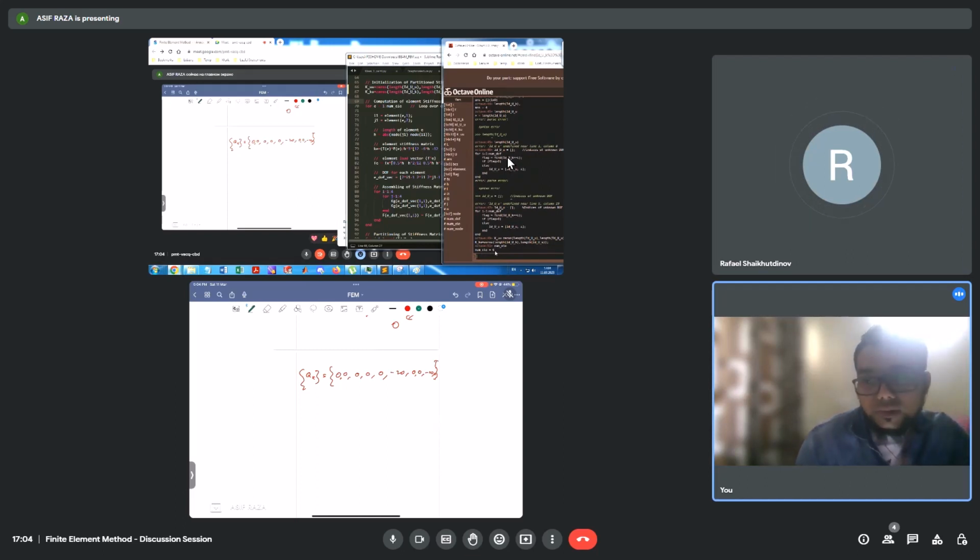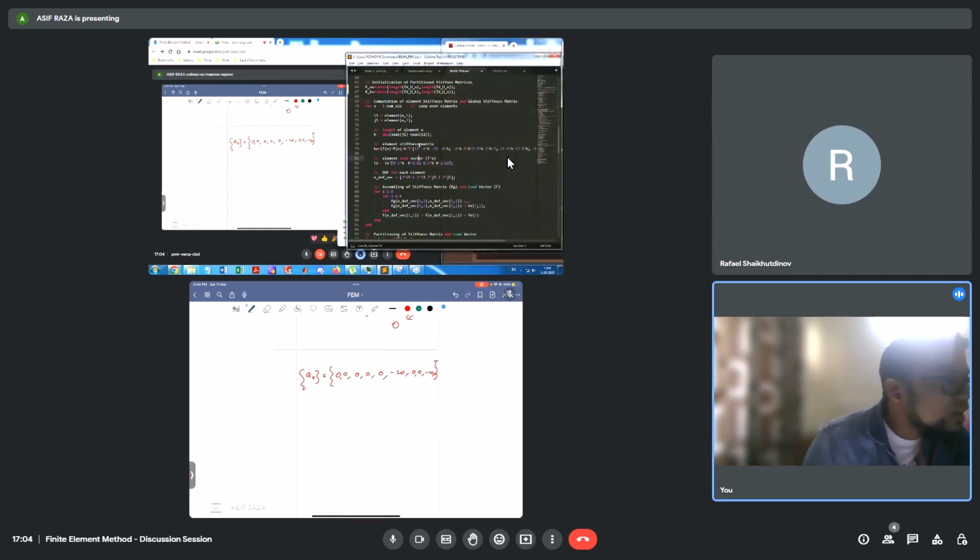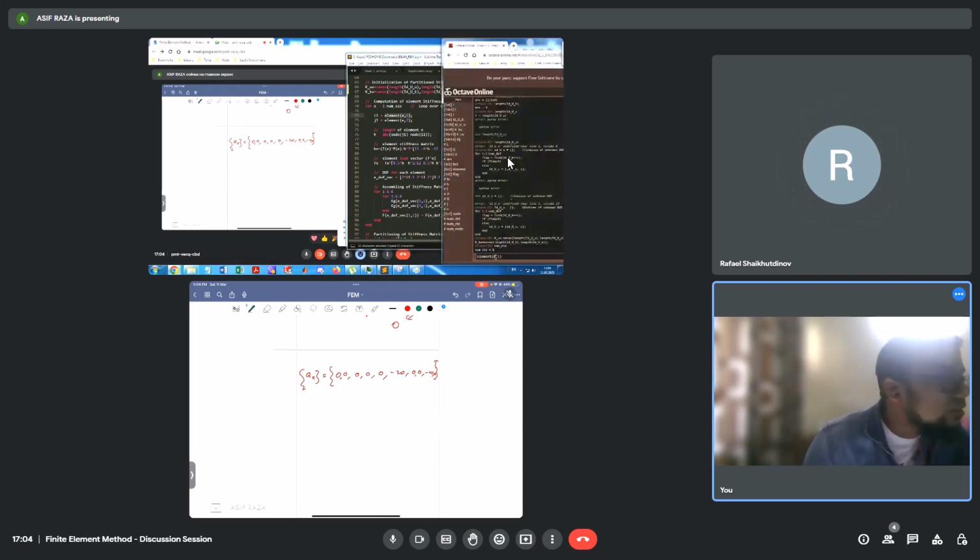When we take the first element, at line 72, element 1 comma 1 will give me the first one, and element 1 comma 2 will give me 2.